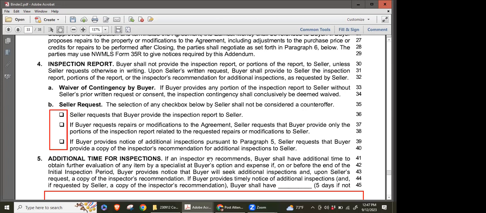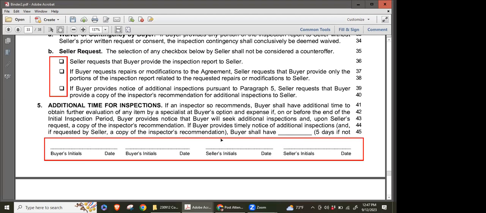We don't fill it in. And if you go through mutual and they have not checked any boxes, then we do the 35C, I think it is, where they will ask for the entire thing, part of it, and then inspector's recommendation for additional inspections.